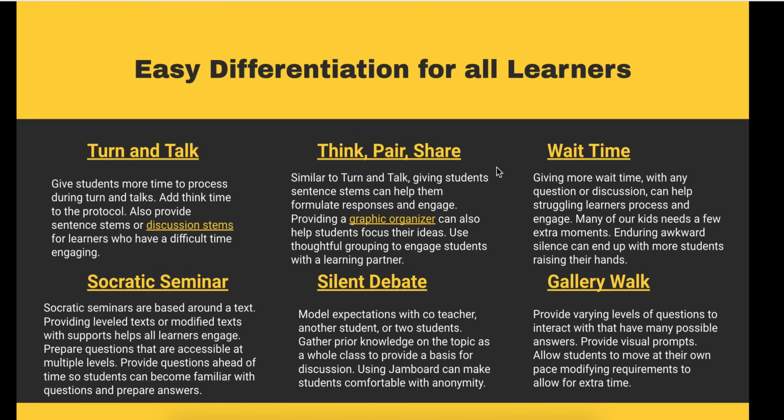Selecting maybe some lower level questions that students feel a little more confident with, and saying to students, hey, just go do number 1, 3, and 5. I don't expect you to get to all 6. I just want you to do those 3. Modifying expectations can definitely help them out.